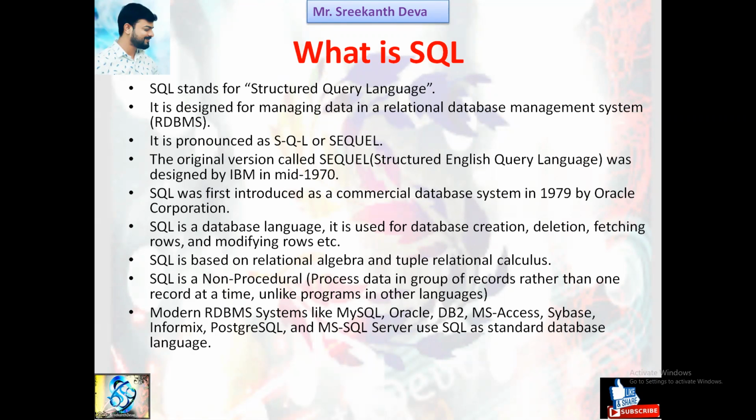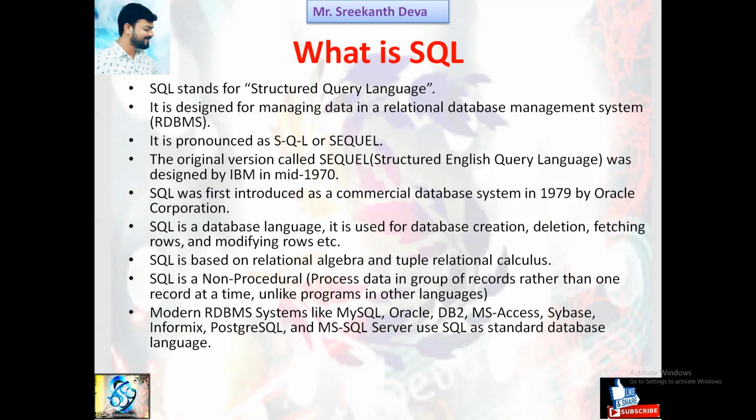The original version, called SEQUEL, which is structured English query language, was designed by IBM in the mid 1970s. The main intention for designing this language is that it is a non-procedural language.